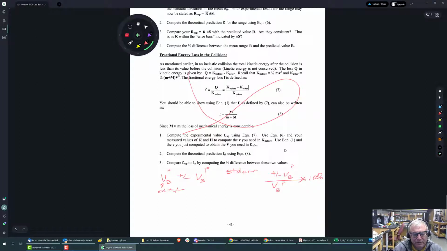We multiply that by 100%, and we get a percent error on that one. That just says that we took a measurement using the design of our apparatus and the equation that goes with the design, and this is what we think we've measured.